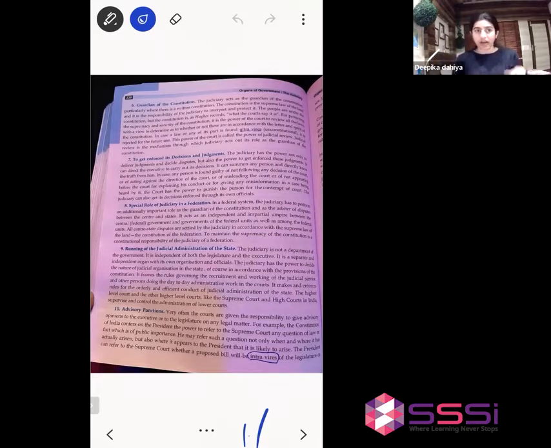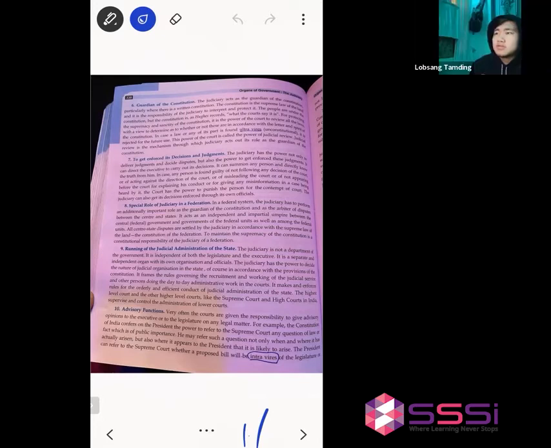Now tell me, how is the judiciary playing an even more important role when it comes to a federal polity? It makes it easier to find out which cases have to go where. For example, at the village level, if people say that one guy has stolen this from me, and how to sort that out, we can't take that case to the Supreme Court.